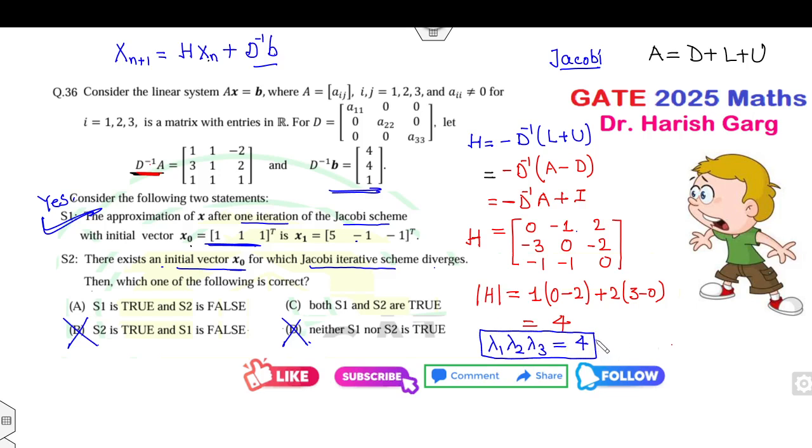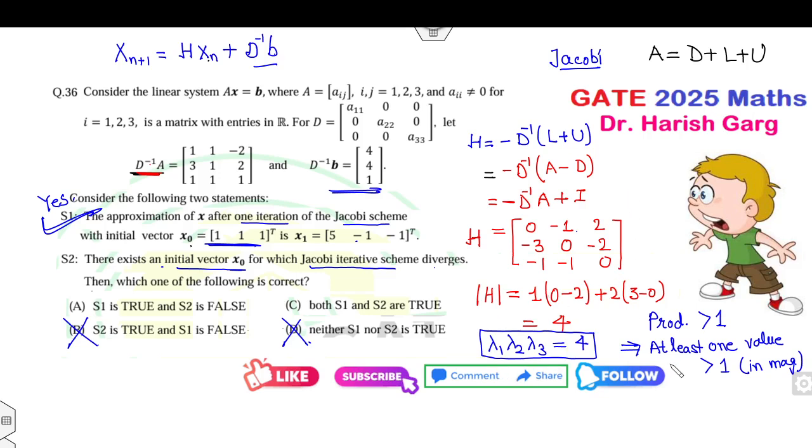So which is greater than 1, and the product of the three numbers is greater than 1. What does it mean? That means at least one value must be greater than 1 in magnitude. Otherwise, if all those values are less than 1, then definitely the product will be less than 1. But because the product is greater than 1, at least one value must be greater than 1.